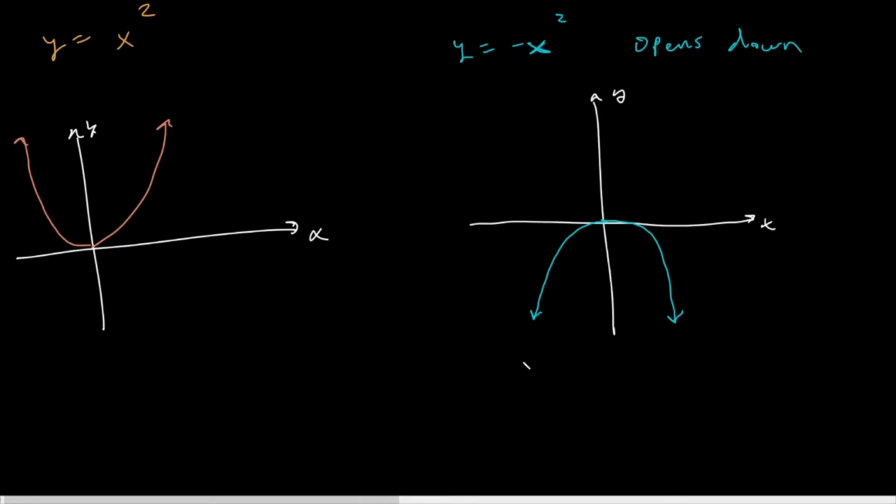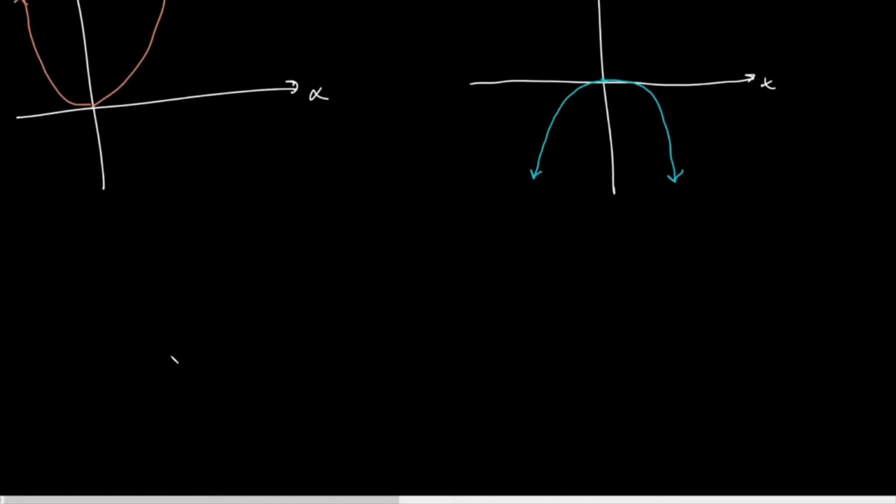So there are three kinds of transformations here: horizontal shift, vertical shift, and then whether it opens up or down. Okay, let me show you one of these. I will graph y equals negative quantity (x plus 3) squared plus 1.